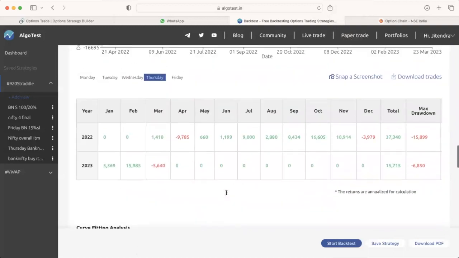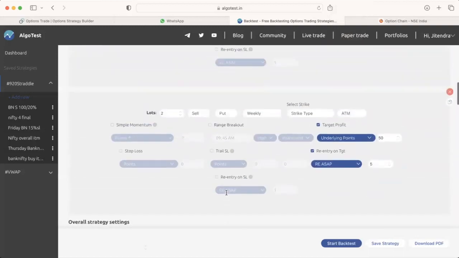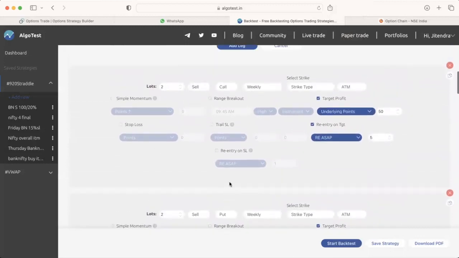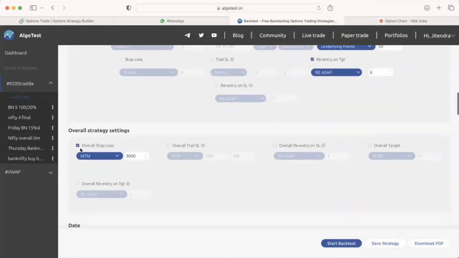Profit is more or less the same. So one of the reasons is that we are not having the overall stop loss there. Okay.